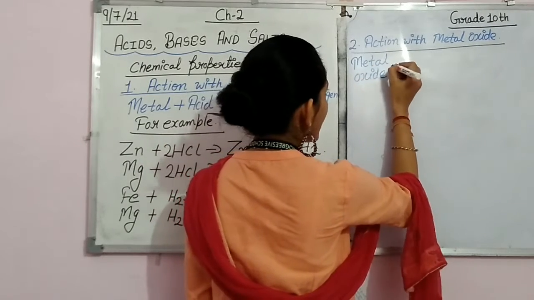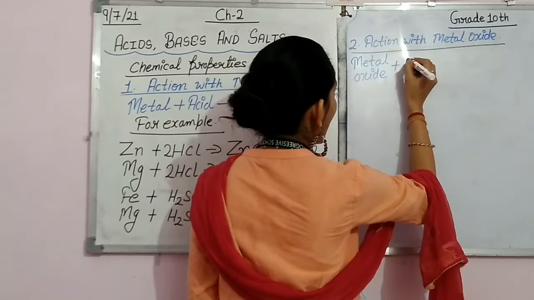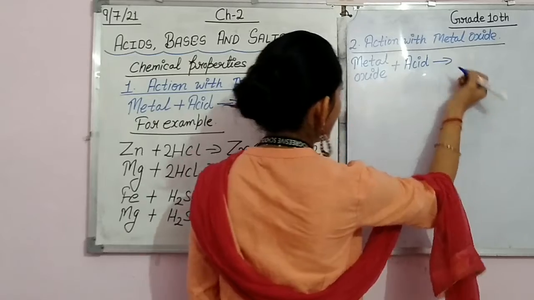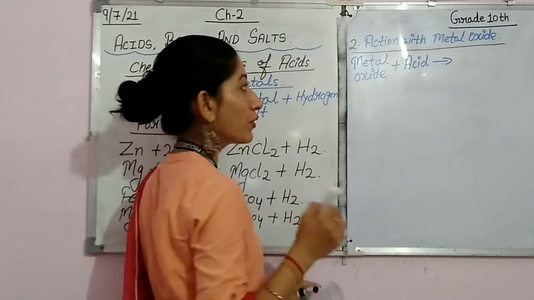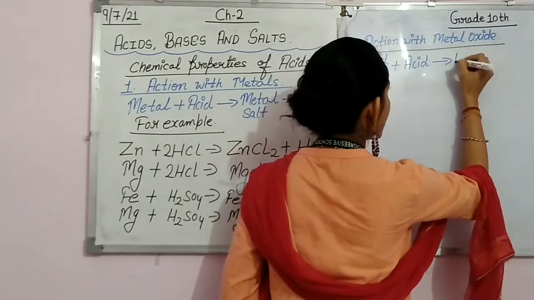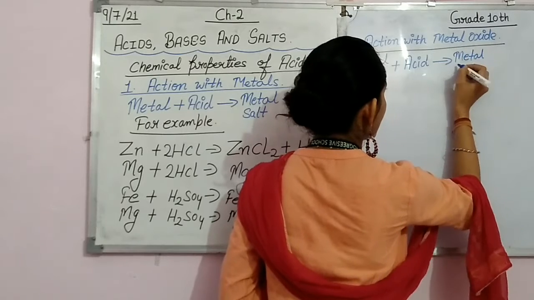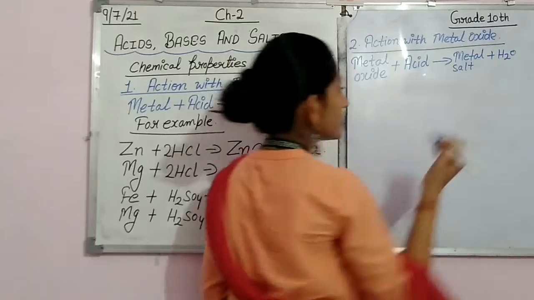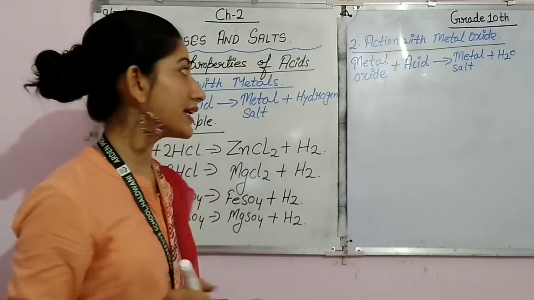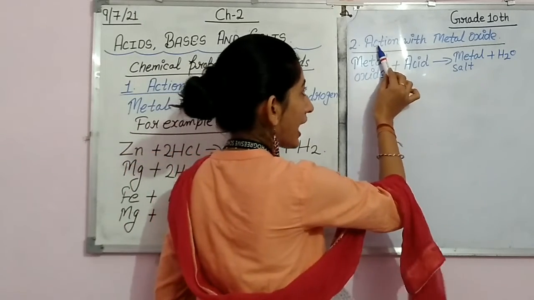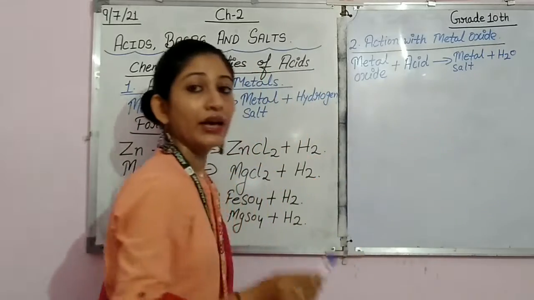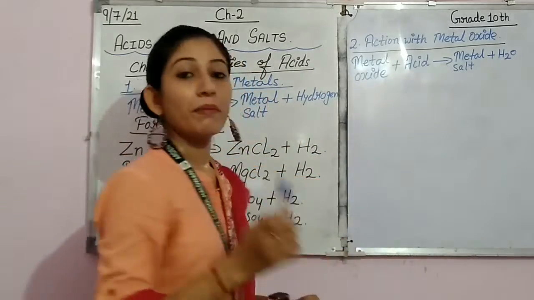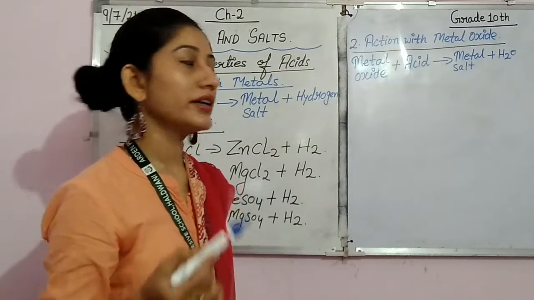When we react metal oxide with acid, the product formed is metal salt, and water, H2O, is released. What I said is, when we react metal oxide with acid, metal salt is formed and water is released.